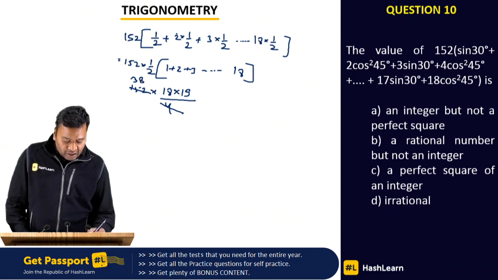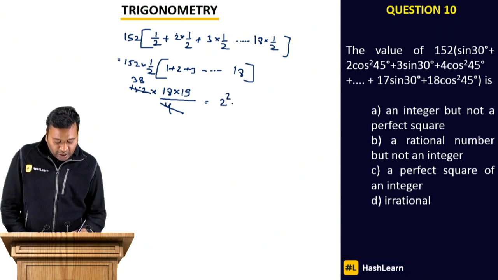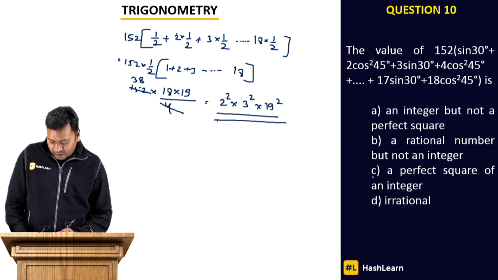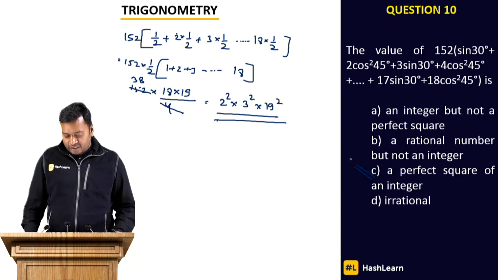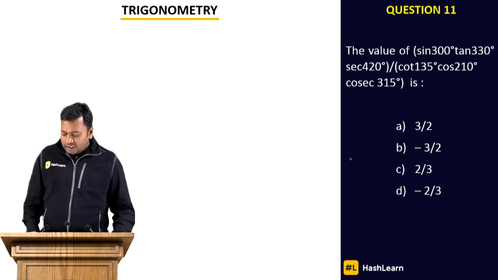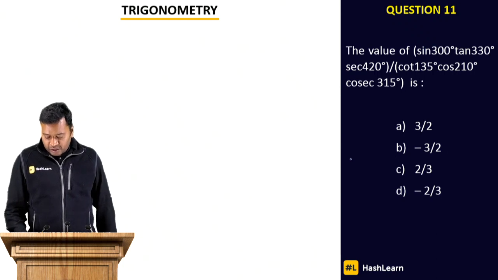Then 8 times, right? That's nothing but 2 square into 3 square into 19 square. That means it's nothing but a perfect square, right? So my value should be nothing but a perfect square of an integer, right? That's my representation possible. And then the last question of the day, right? We'll talk about the last question of the day here.